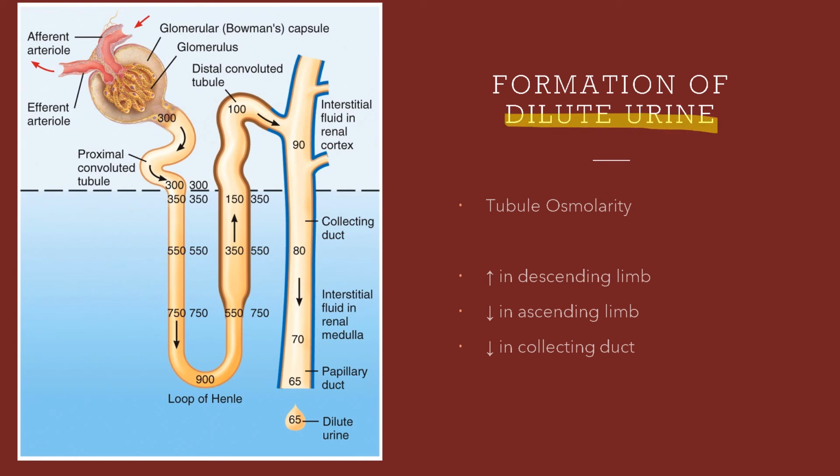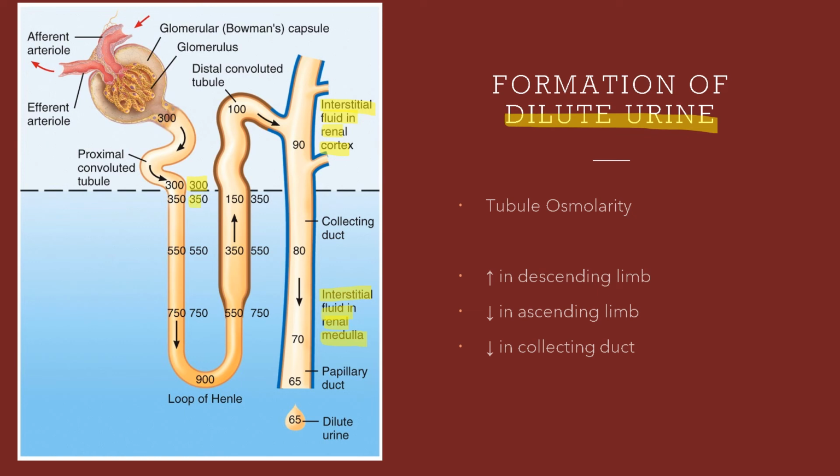So we can see the osmolarity of interstitial fluid in the renal cortex being 300 milliosmoles per liter. And you can also see that the interstitial fluid in the renal medulla gets more concentrated the further down you go into the medulla.